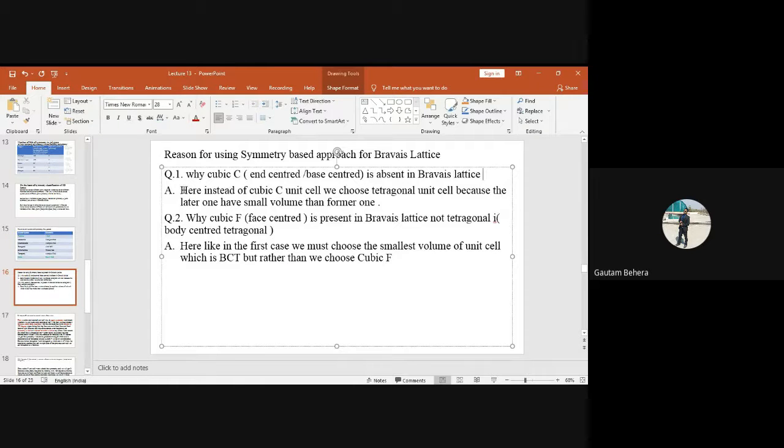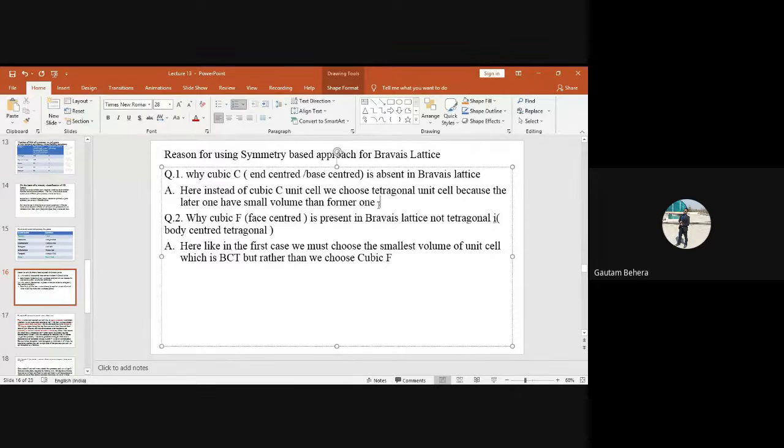So the answer is here. Instead of the cubic C unit cell, we choose the tetragonal unit cell because the latter has a smaller volume than the former. Suppose you are making a lattice and you are confused whether to choose the cubic C unit cell or the tetragonal unit cell.